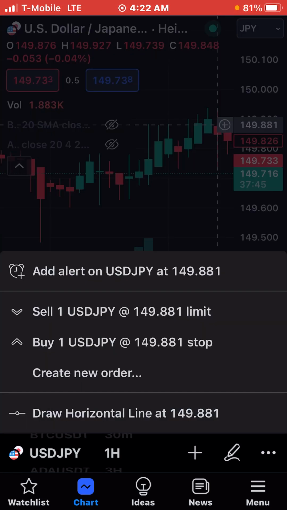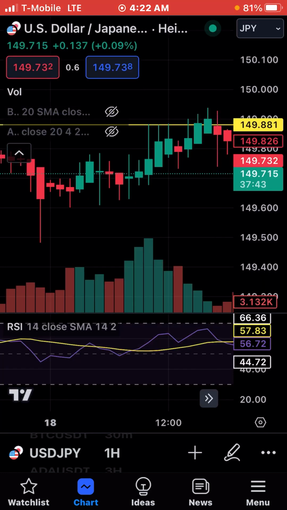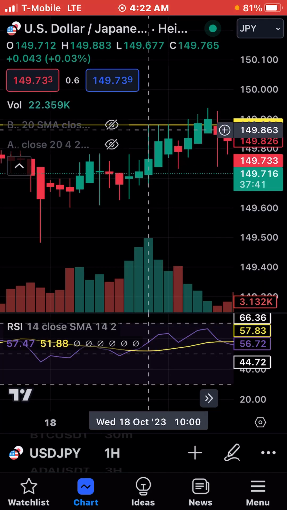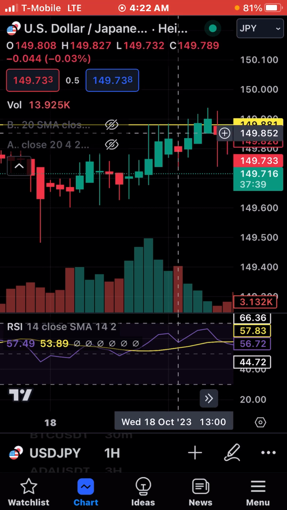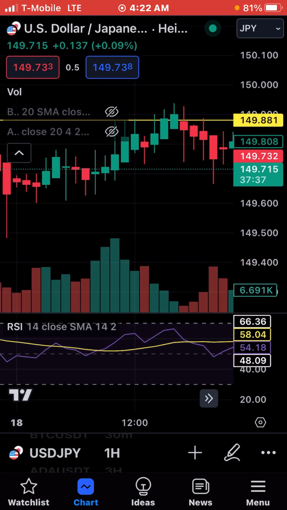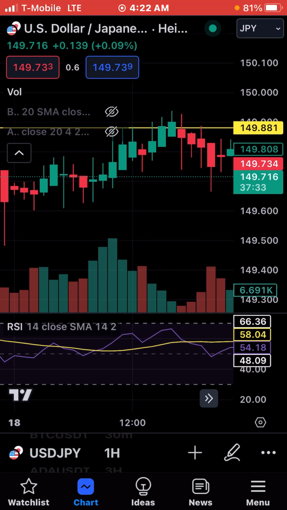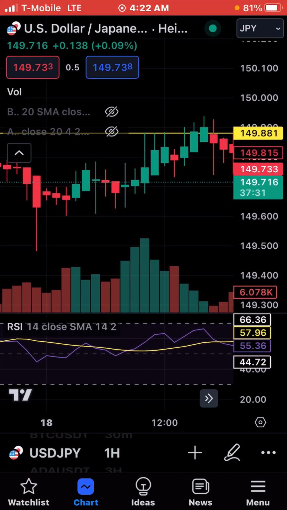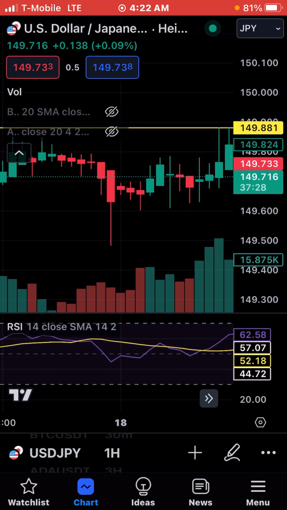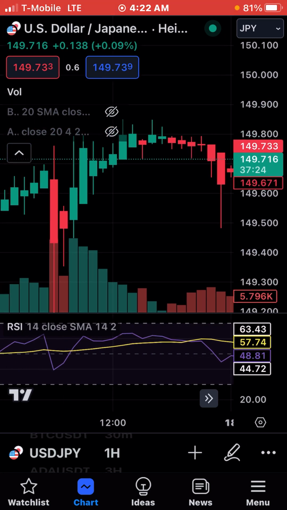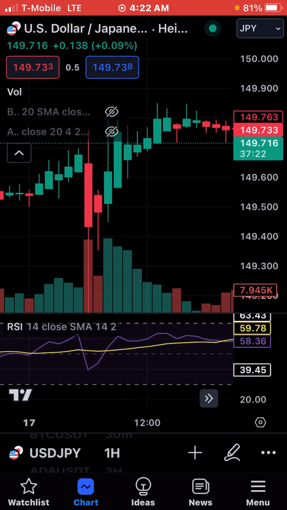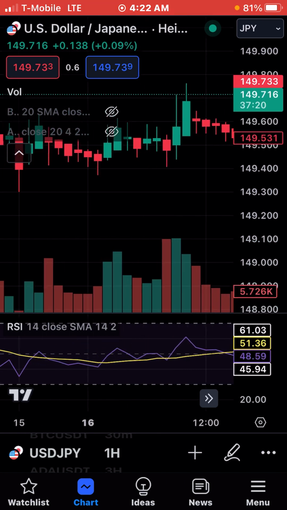I would draw a line there because it tapped it 3 times, tried to tap it, and it got rejected and it went down. Ultimately, it went down because of those wicks. So you could use this as a way to find some resistance too, if all the wicks are not moving any further. Let's go find some other examples here.